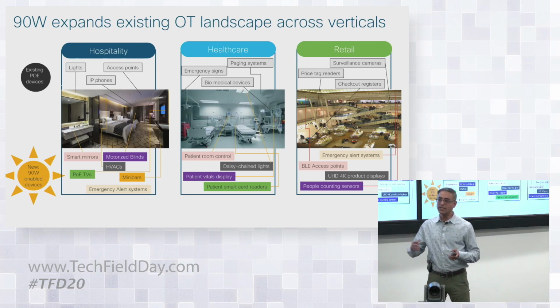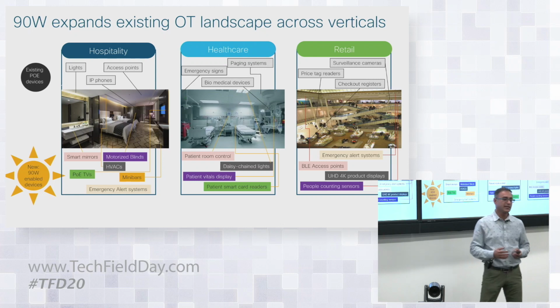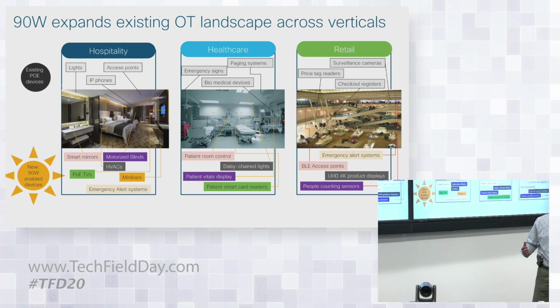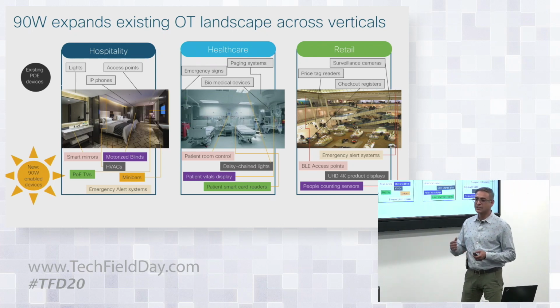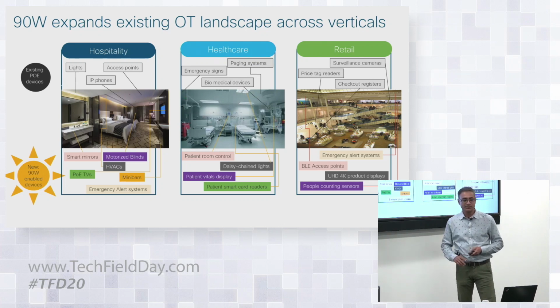So the whole experience that shoppers have in the retail industry is significantly pivoting on connected environments, and that is going to be completely transformed with PoE in the retail industry.